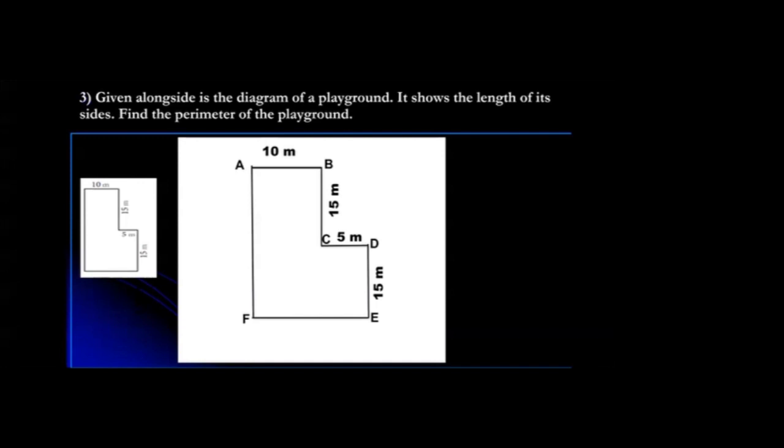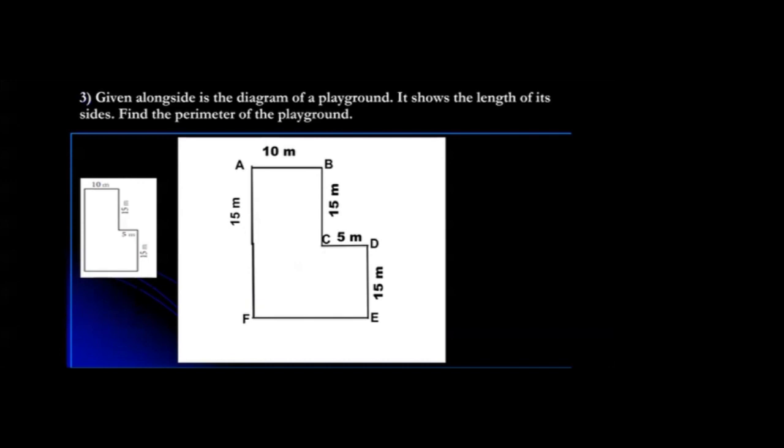So you can see AF is parallel to BC and DE. The measurement of BC is a portion of AF. So this much portion is 15 meter. And here, the other portion of AF is equal to DE. It means the measurements are the same. Why are they the same?